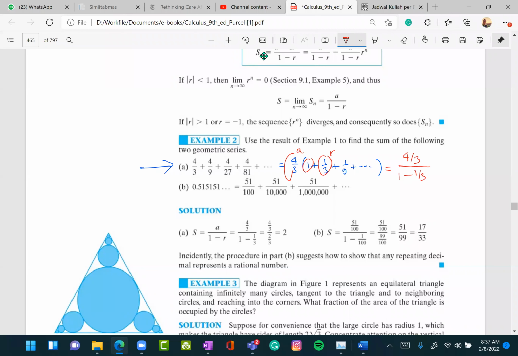Okay, so 4/3 over 2/3, so that's 2. What we have.